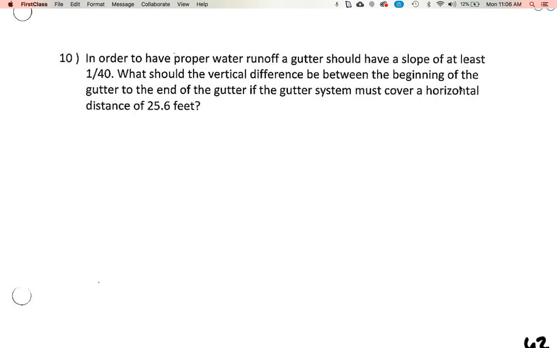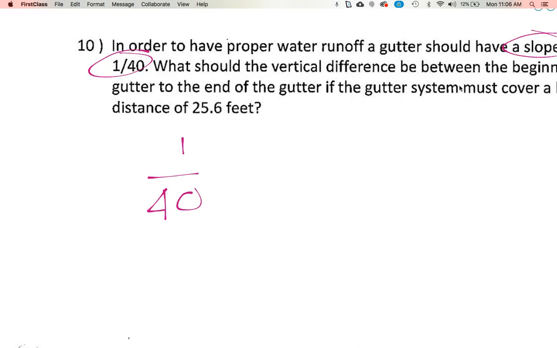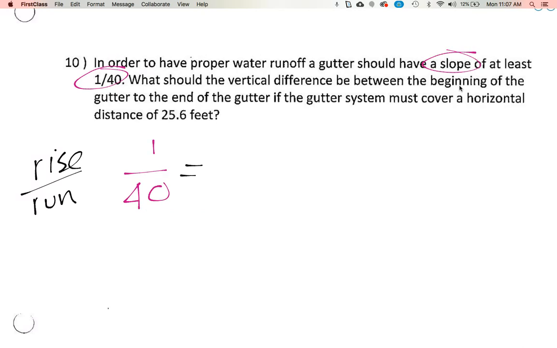All right, number 10, in order to have proper water runoff, a gutter should have a slope of at least 1/40. So that's a ratio. I'm just going to write that ratio down. And we're talking about slope, which is rise over run. So look how much information was given right there. What should the vertical distance be?